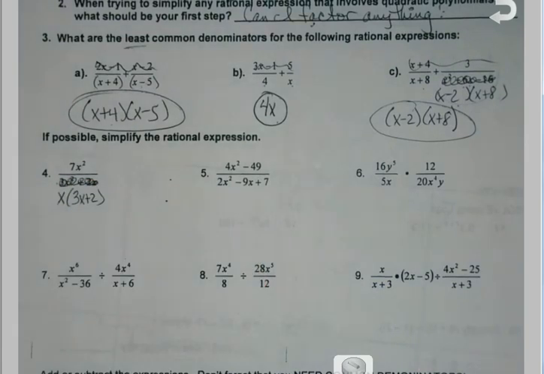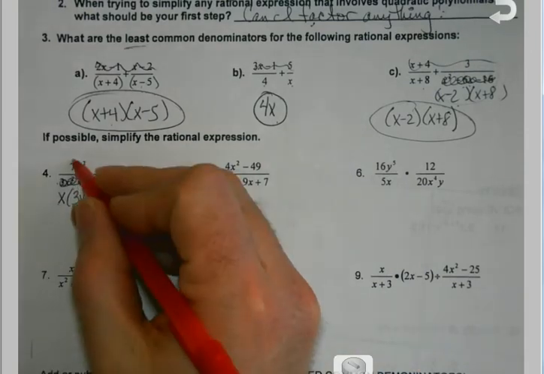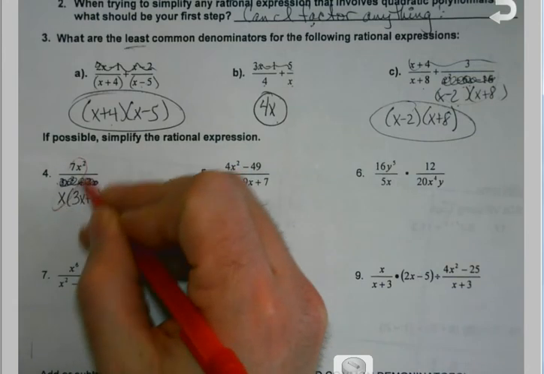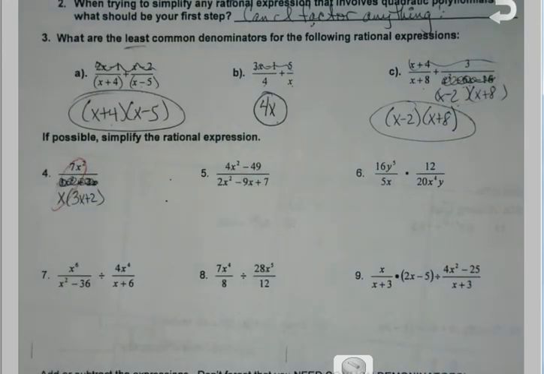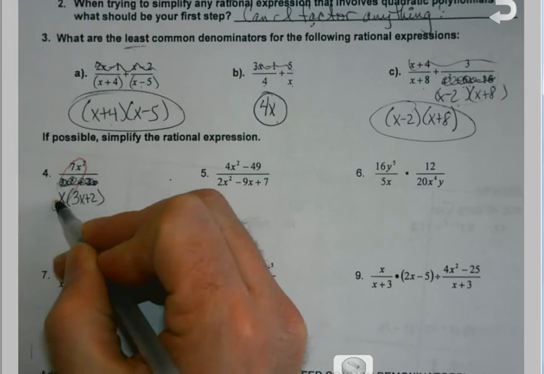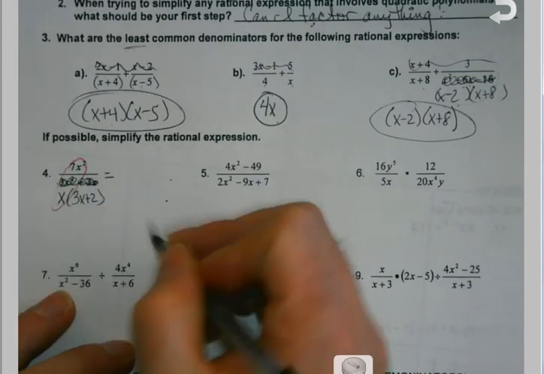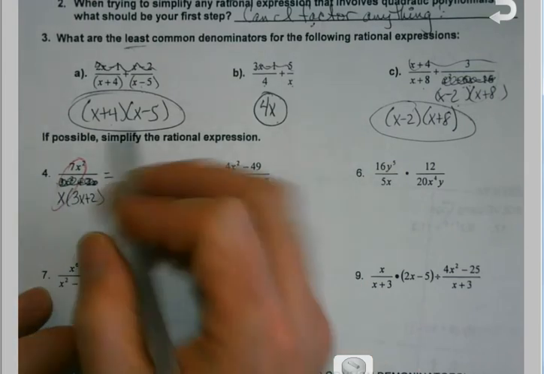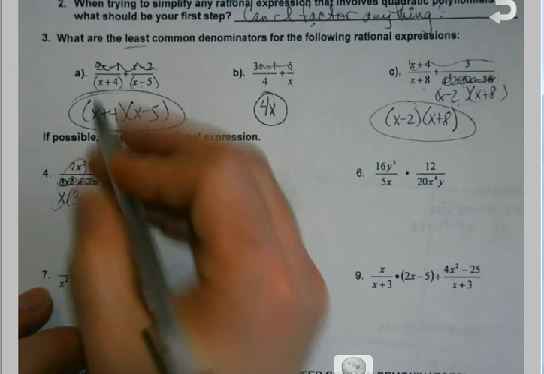Because originally that denominator was bonded by the plus. I couldn't cancel anything. But once I factor it, now whatever's not in the parentheses has weak bonds. That's fair game to reduce. And I can reduce that because I've got my exponent rules that tell me I can just subtract, or I could cancel. 2 minus 1 is 1.